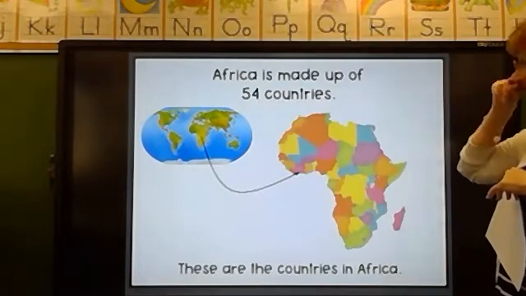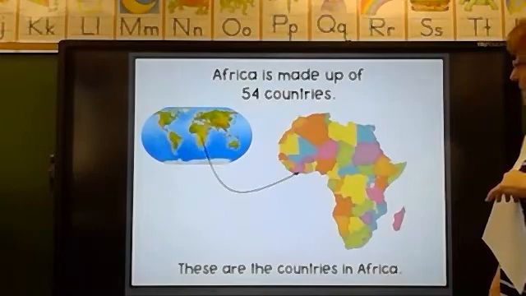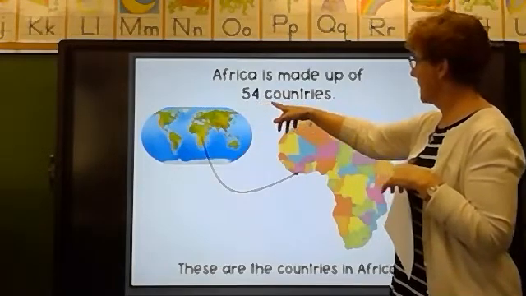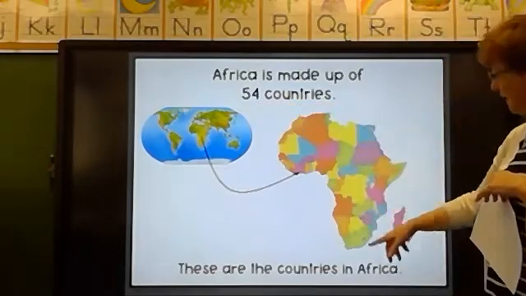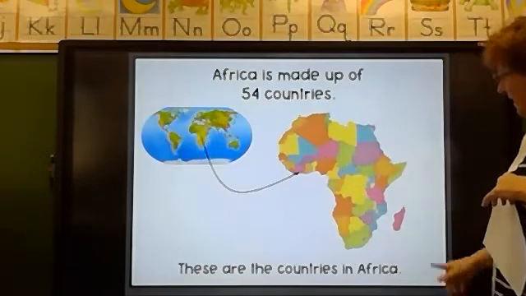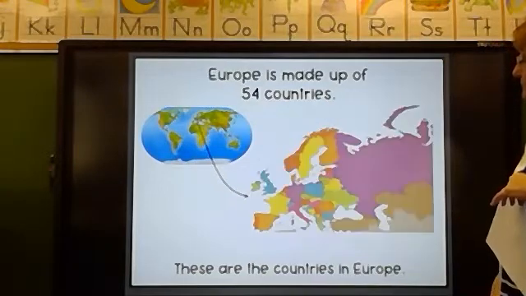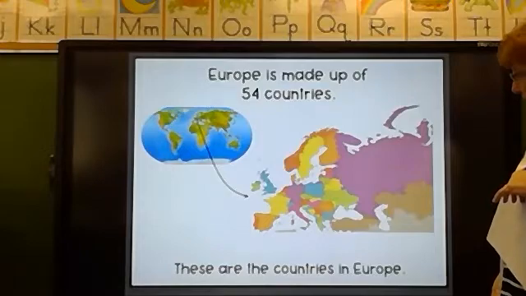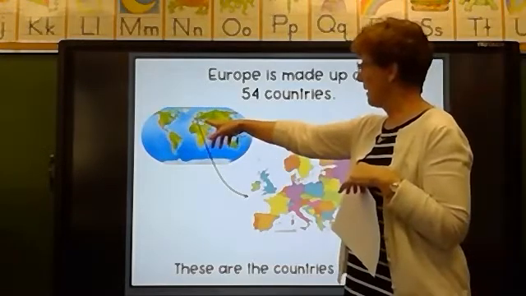Remember, we talked about Africa being the hottest continent, and Africa is made up of 54 countries. And so these are the countries in Africa. Europe is made up of 54 countries. Here's Europe up here.